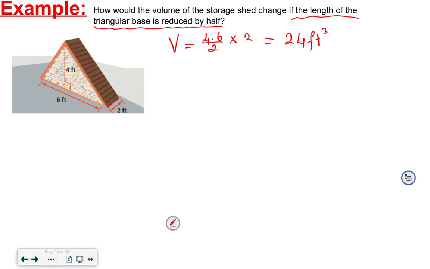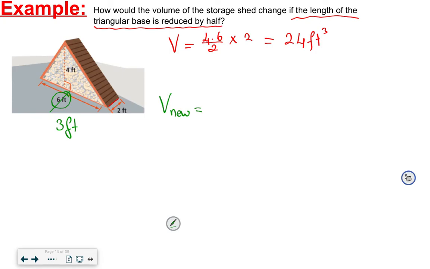Now, to be able to find the new volume, what am I going to do? We are going to reduce the triangular base. So what is the base of the triangle? 6. So this is going to become 3 feet. So the new volume will be the same thing. The base is still a triangle.